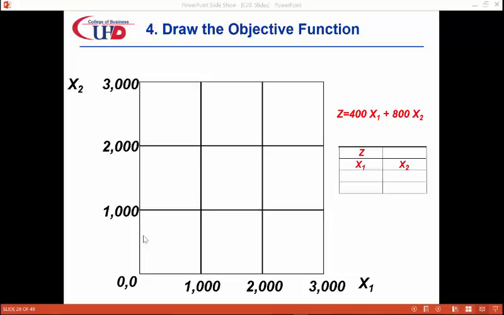Now, in our example, this is our objective function, z equals 400x1 plus 800x2.